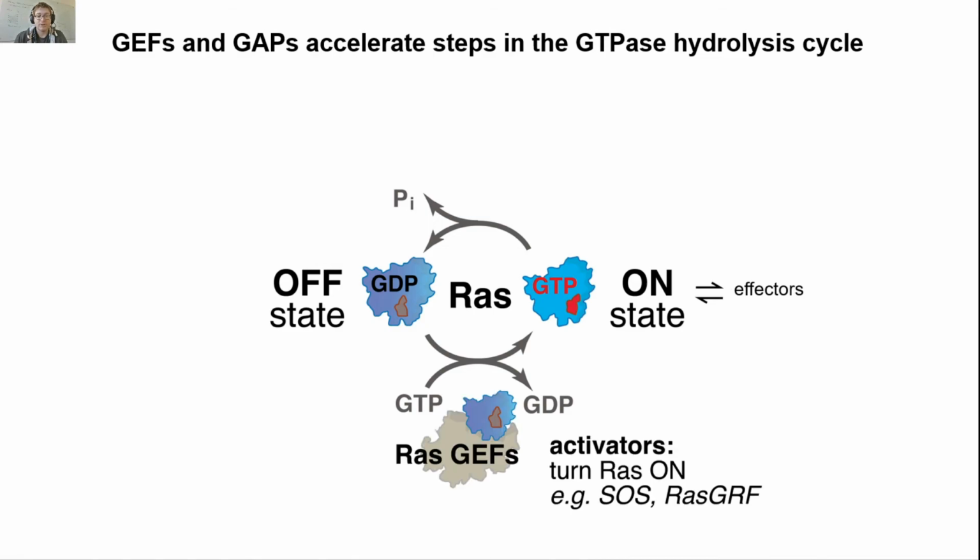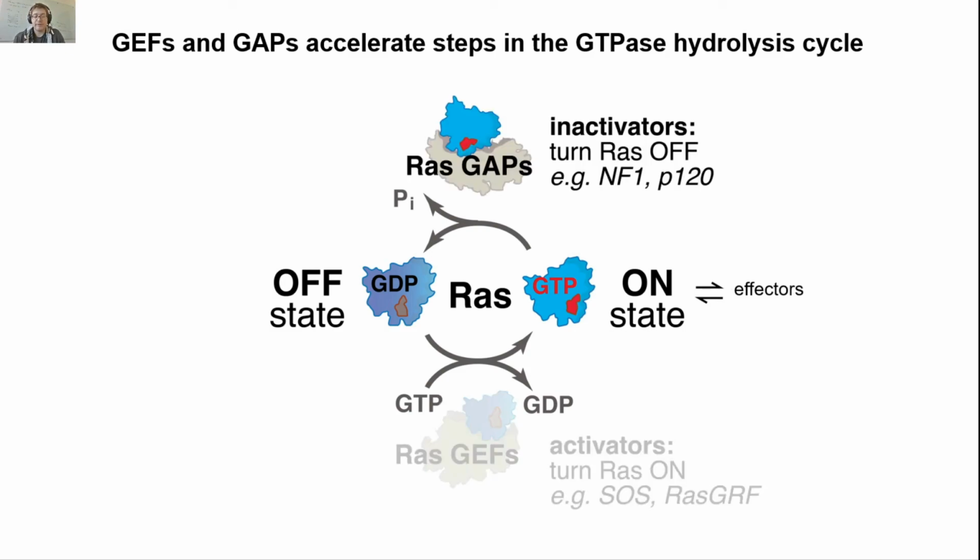There are molecules called guanine exchange factors, or GEFs, whose function is to turn Ras on. What these molecules will do is facilitate the exchange of GDP-bound Ras, which is the off state, for GTP-bound Ras, which is the on state. This GEF is going to come here and facilitate this exchange. And so we can think about these GEFs as proteins that turn Ras on.